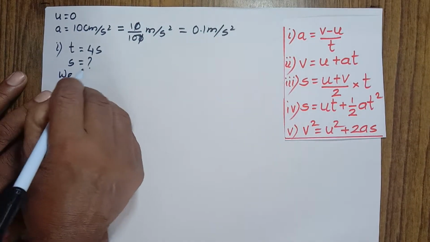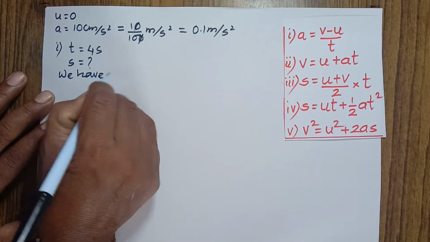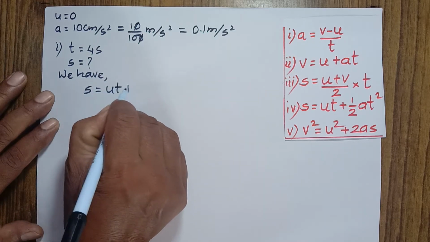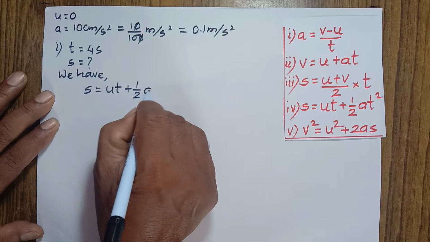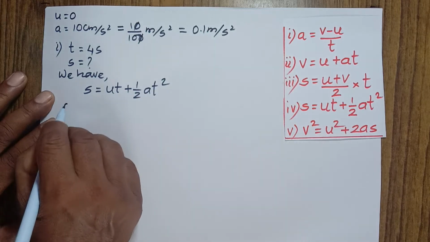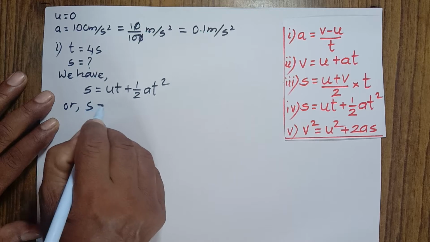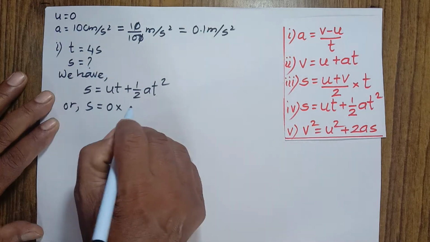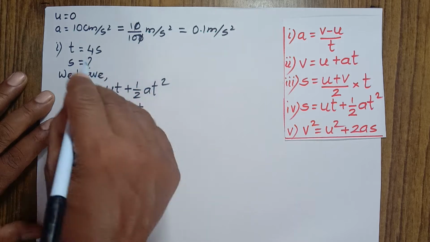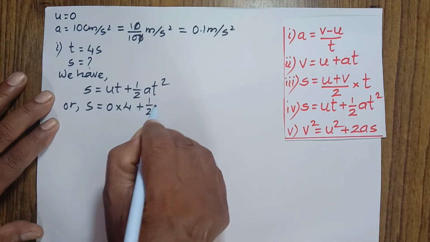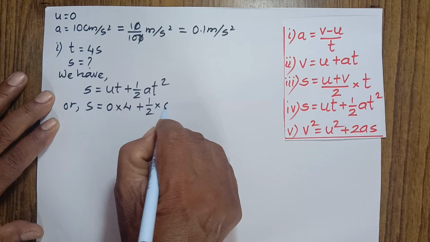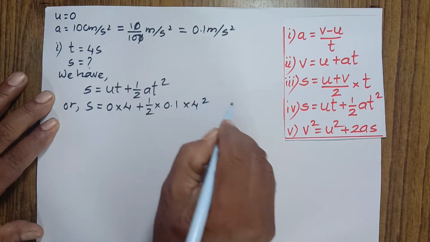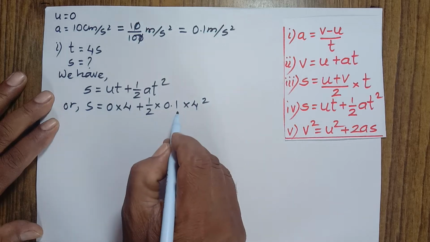We have s is equal to ut plus half at square, or s is equal to u is 0 into time is 4 seconds plus half remains the same, and a is 0.1 and t is 4 square. We are not using units in the process.